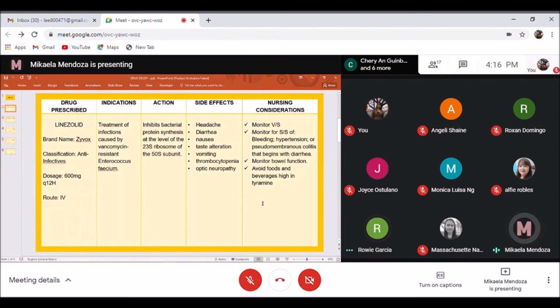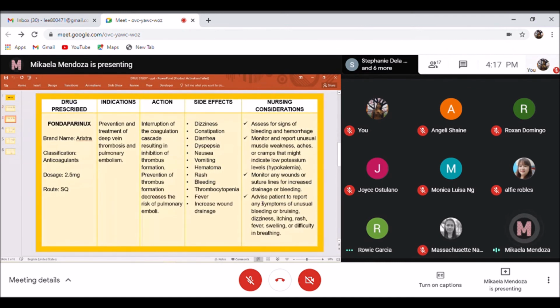Nursing considerations: we have to monitor vital signs, monitor for signs and symptoms of bleeding, hypertension, or pseudomembranous colitis that begins with diarrhea. Monitor bowel function and avoid foods and beverages high in tyramine.